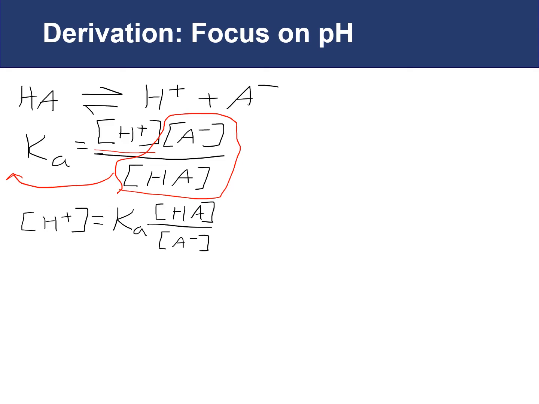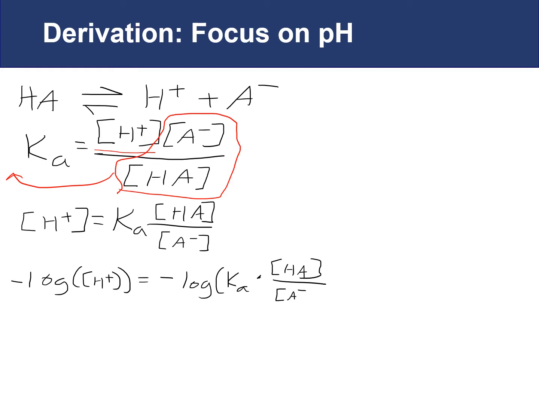Now, pH is the negative log of the H plus, so if we take the negative log of both sides, negative log of H plus is equal to the negative log of the quantity Ka times concentration of HA over concentration of A minus.